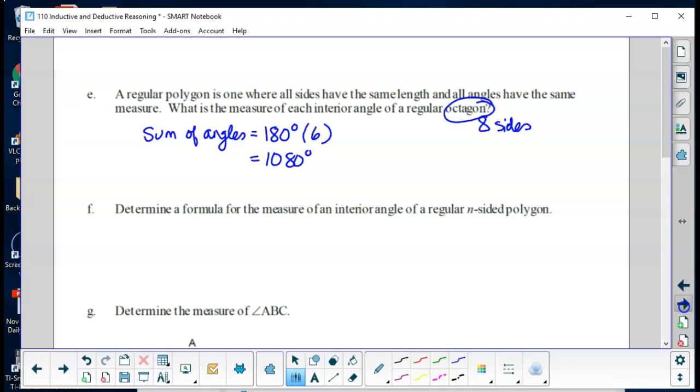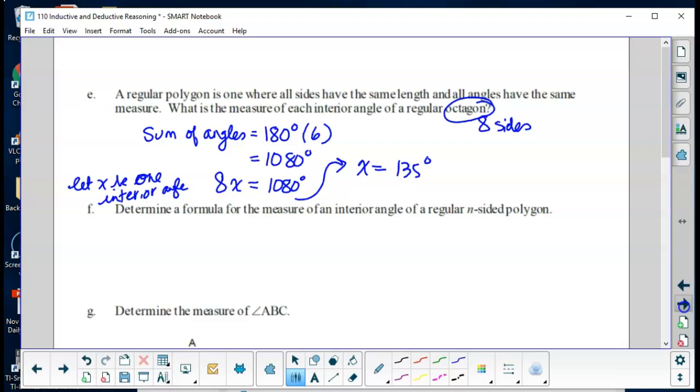If it's an octagon, there are 8 angles. So let's say x is the measure of each angle, then 8 x's equals 1,080. So let x be each one interior angle. Then divide 1,080 by 8, and we get 135 degrees.